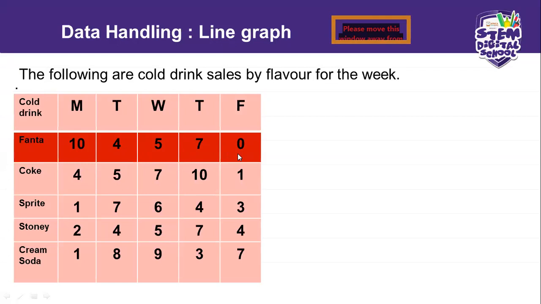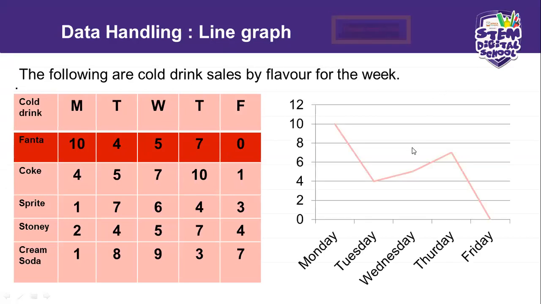Are you ready? Can we go? Sure, let's go. So now this is our line graph. Remember our line graph, normally when you draw a graph, we call them axes, okay? So it's the x-axis and the y-axis.